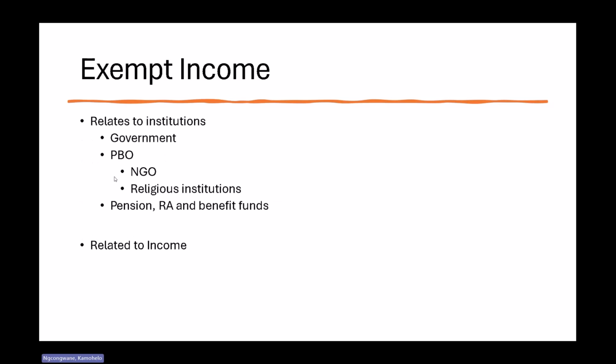So exempt income is looked at in terms of two parts, or can be split into two. It's exemptions based on an institution or an activity, or an exemption based on the income itself. So what do we mean by exemptions based on institutions? In last week's session, I mentioned something called an NGO, which is a non-government organization.